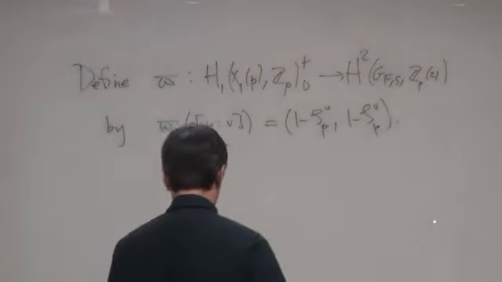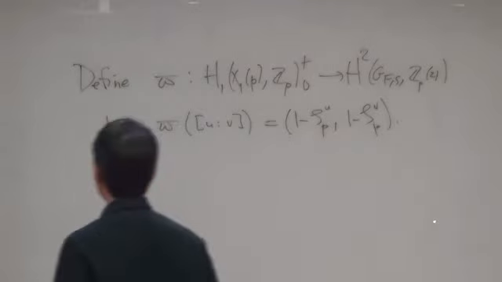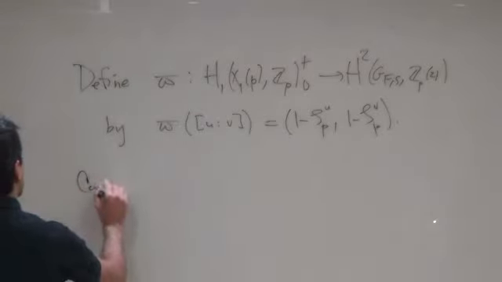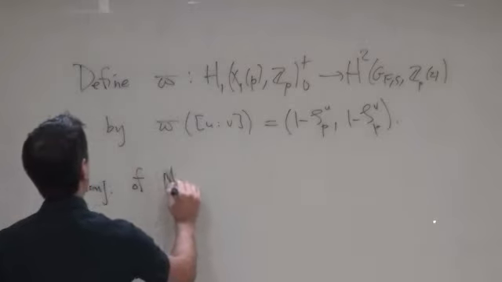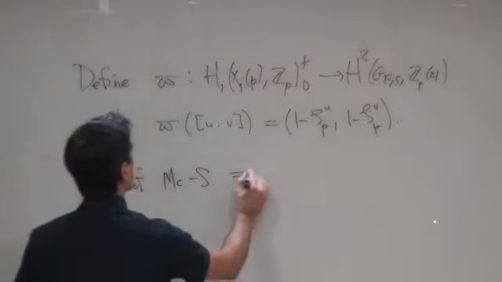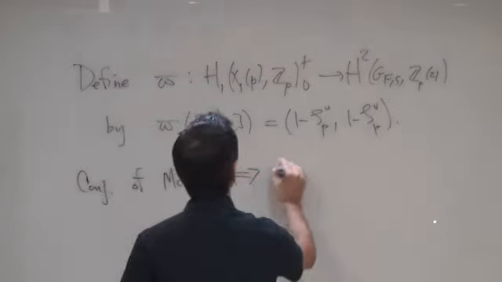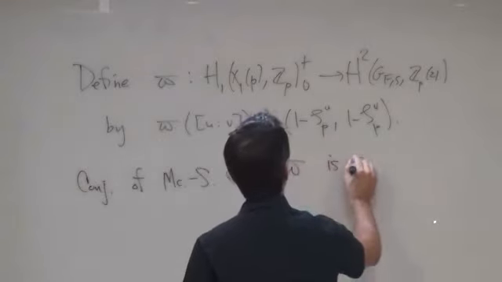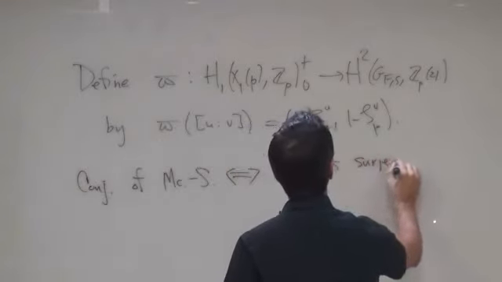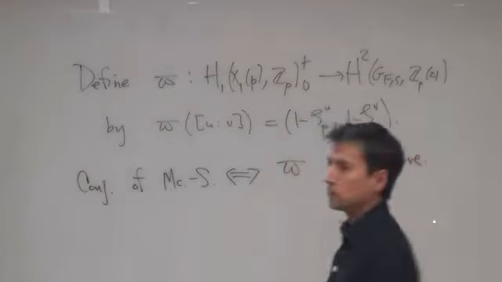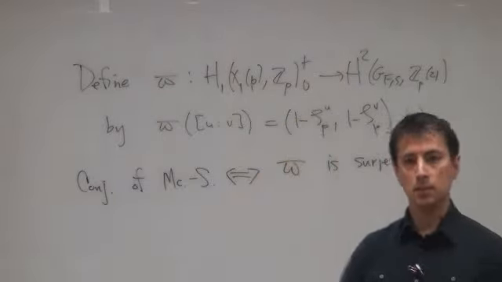Okay, so now the conjecture of myself and McCallum is now equivalent to π being surjective, because this image is the pairing values.